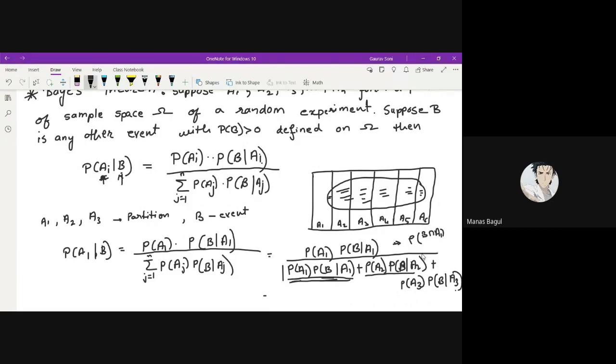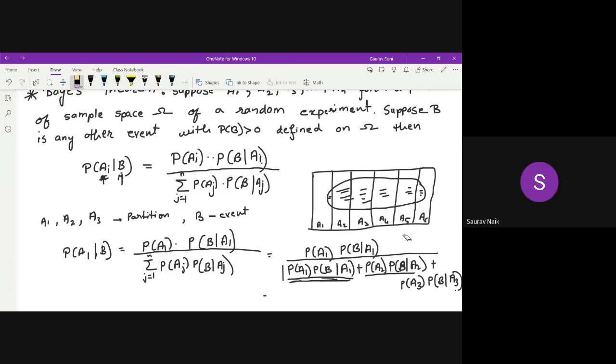So the numerator is the probability of B intersection A1, and the denominator is the probabilities of B intersection each and every partition. That is nothing but the Bayes theorem. I hope this is very clear now. I'll quickly go for some examples. If you have any doubt, you can ask.